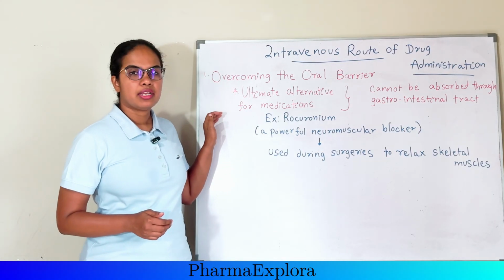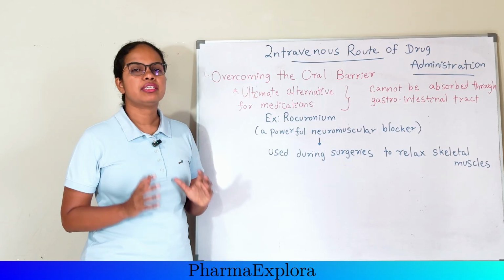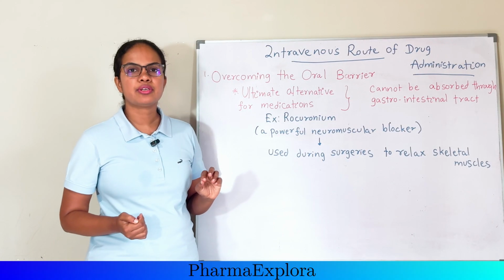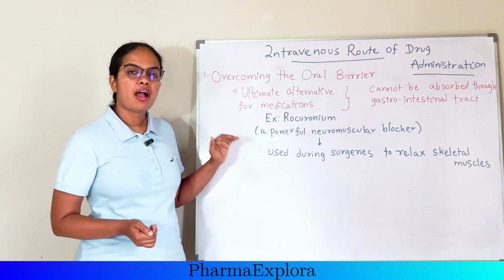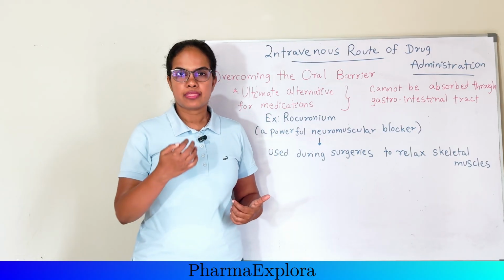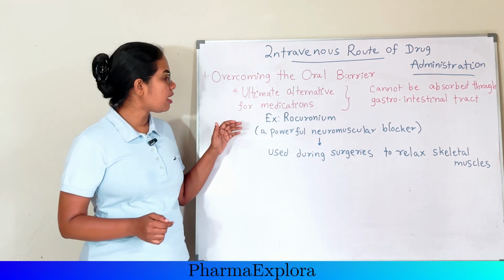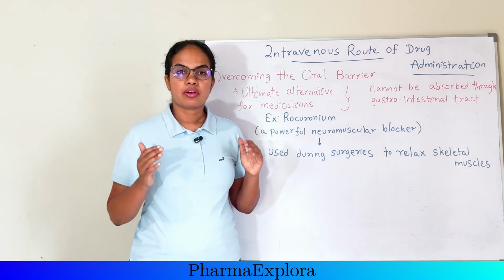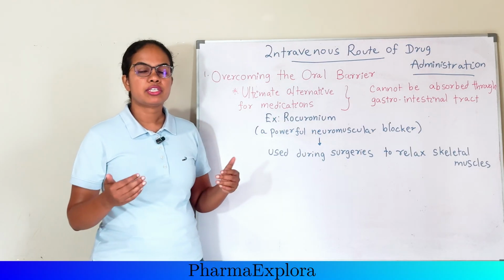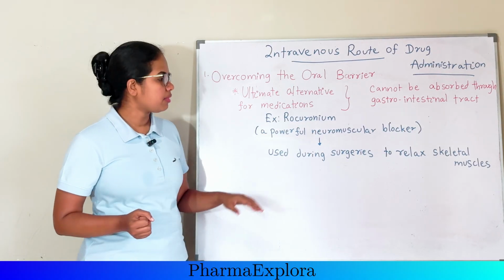So the first one is overcoming the oral barrier. This is the ultimate alternative for medications that cannot be absorbed through the gastrointestinal tract. One example is rocuronium. Rocuronium is a powerful neuromuscular blocker which clinicians use during surgeries to relax the skeletal muscles.